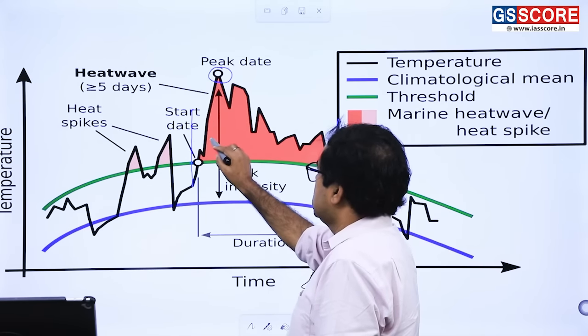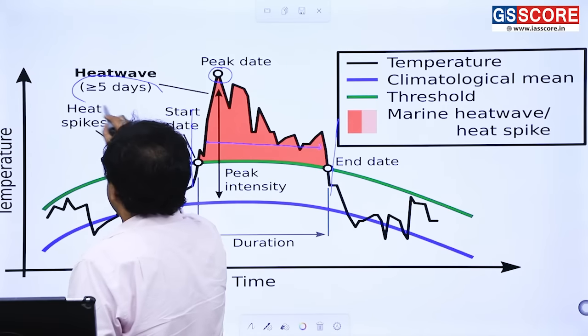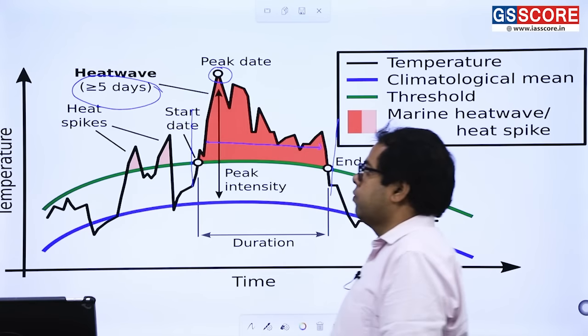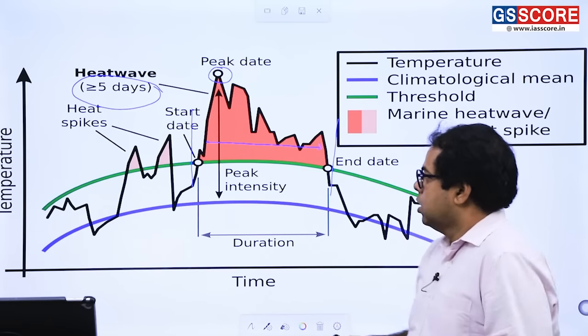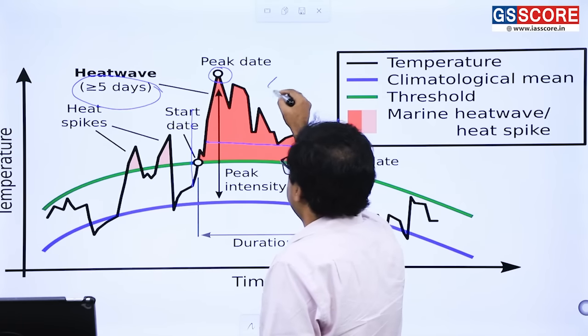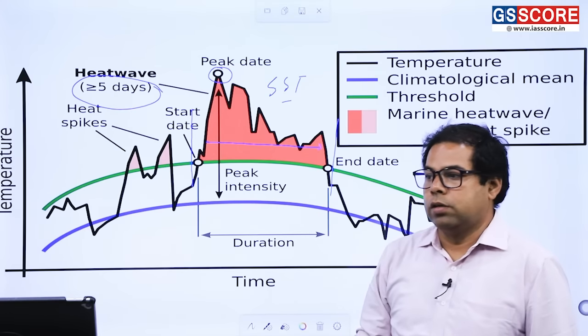When this is recorded consecutively for 5 days over the sea surface temperature, that is a marine heat wave.